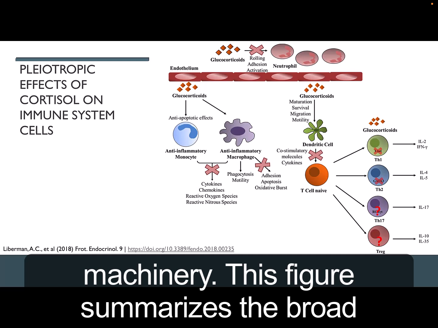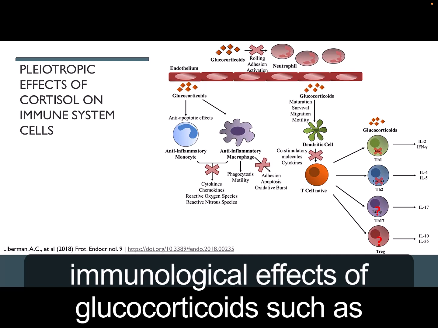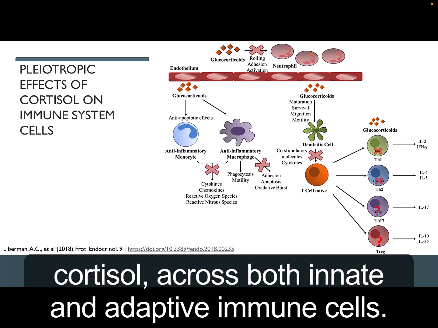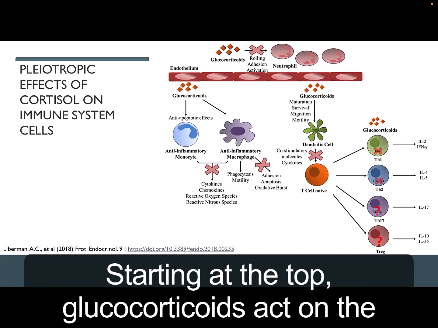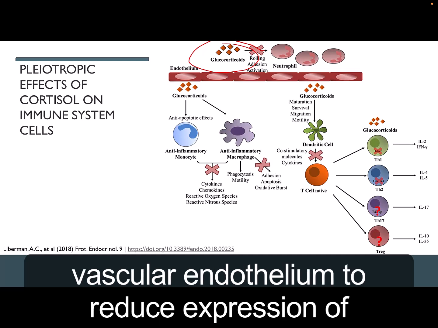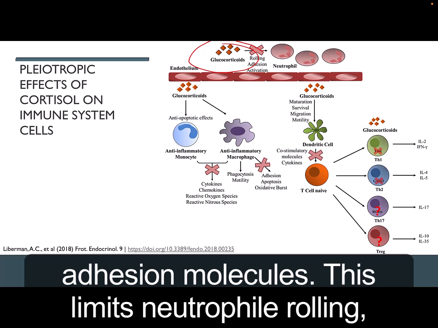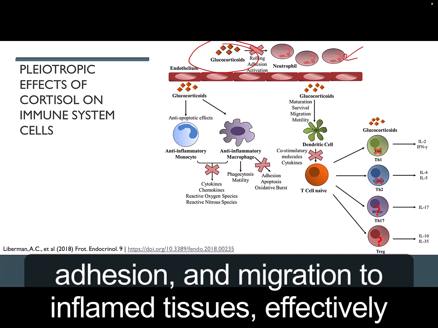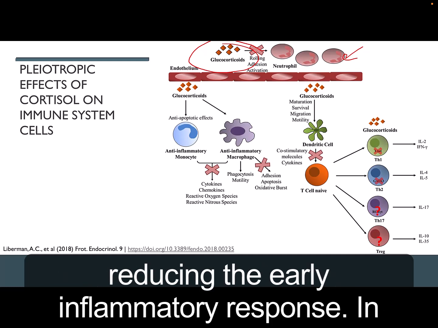This figure summarizes the broad immunological effects of glucocorticoids such as cortisol across both innate and adaptive immune cells. Starting at the top, glucocorticoids act on the vascular endothelium to reduce expression of adhesion molecules. This limits neutrophil rolling, adhesion, and migration to inflamed tissues, effectively reducing the early inflammatory response.